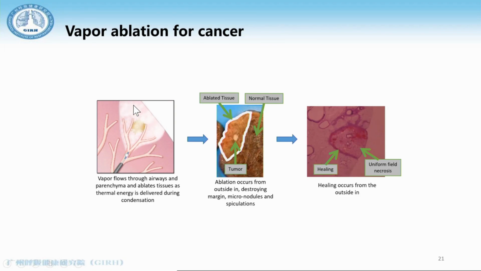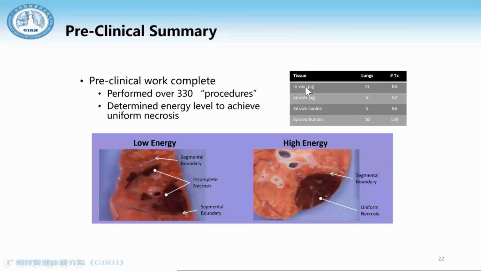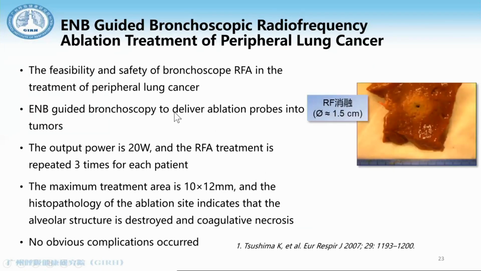Here we can see the necrosis area, and this picture shows uniform necrosis. This is preclinical data.